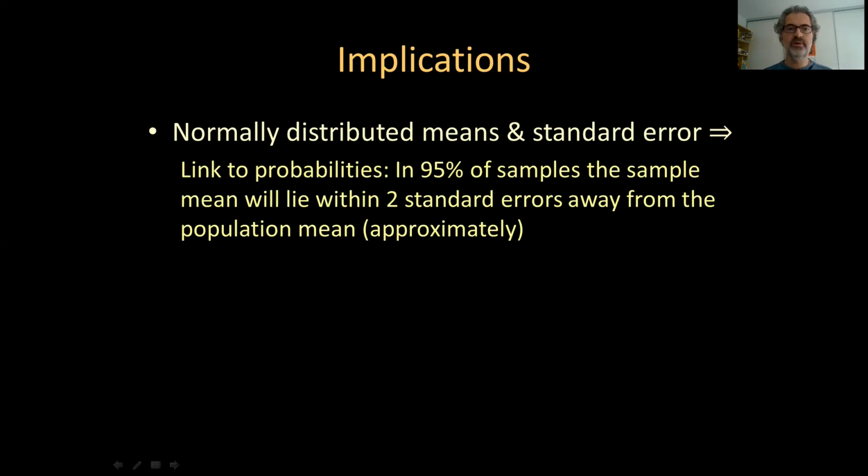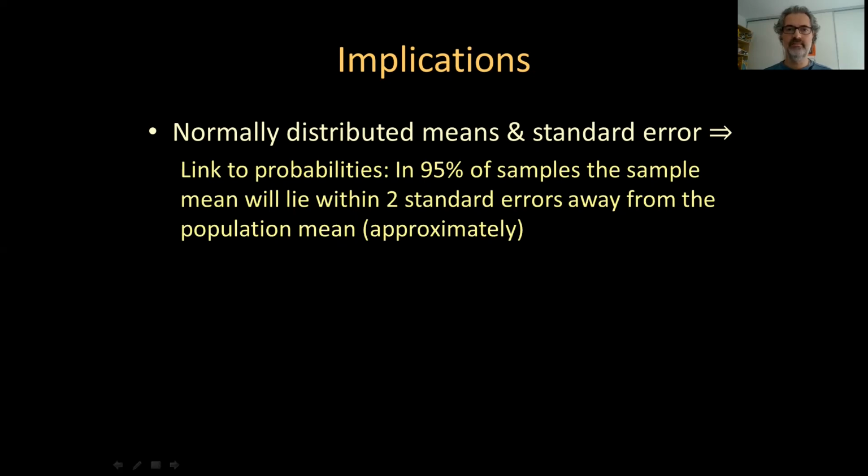In other words, in 95% of samples, the sample mean will lie within 2 standard errors away from the population mean, roughly speaking, but this is a useful approximation.